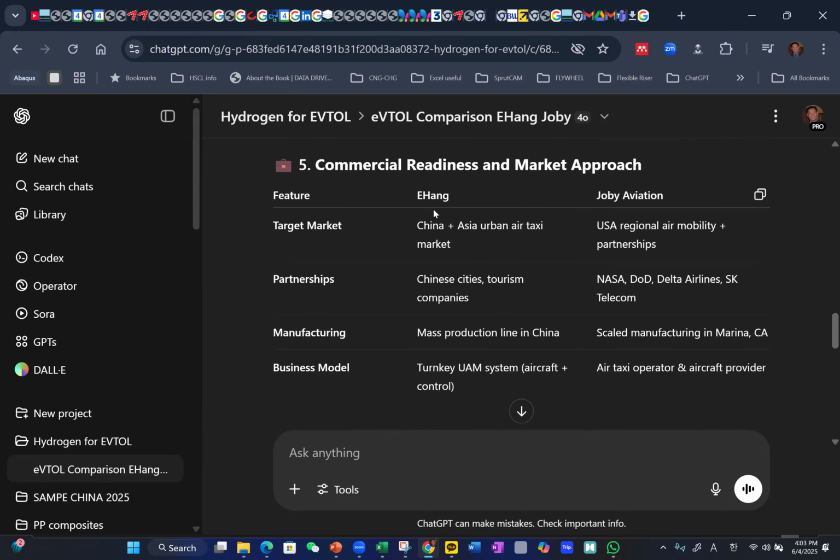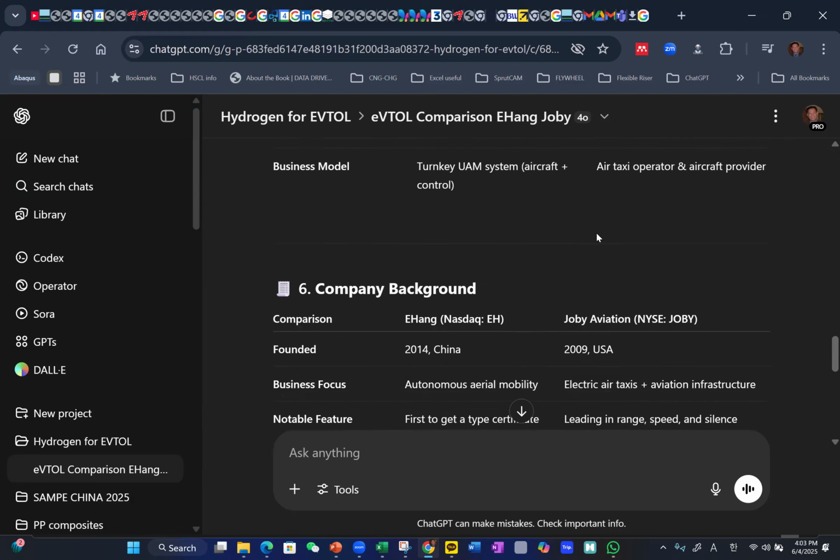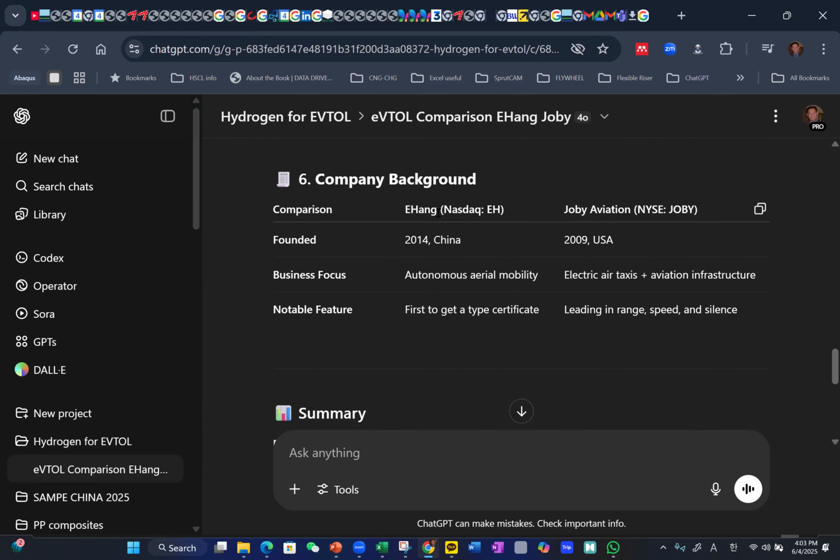Well, EHang is almost commercialized, ready to sell. Asia urban air taxi market and China plus, and then Joby is a USA regional air mobility, and the partnerships and so on, and business model, EAM, and the company background.